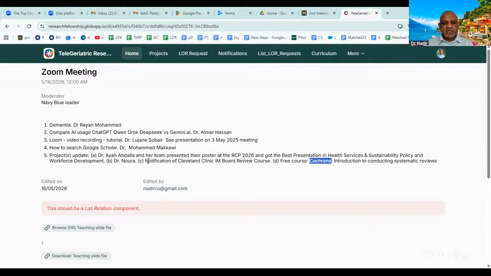The other point I want to share is Cleveland Clinic. They have an annual internal medicine board review. So if any one of you is interested, please contact me, or you can go to their website. In the past, the fellows from this program attended this board review.